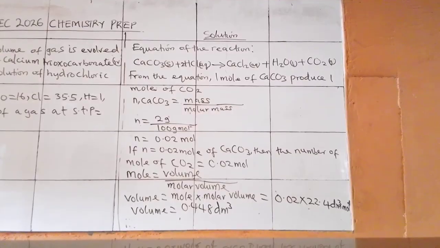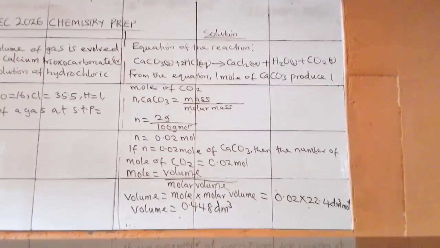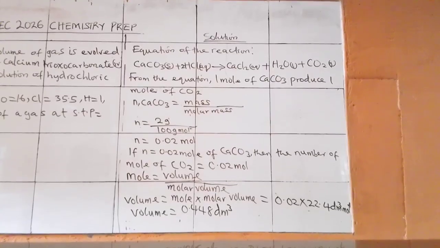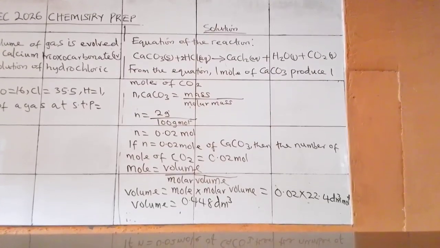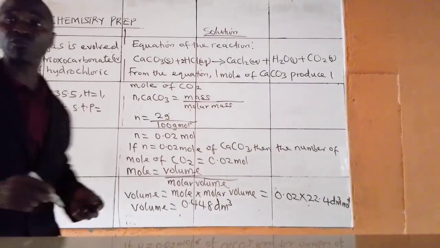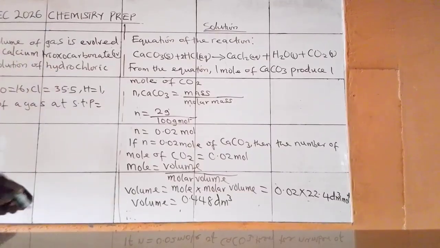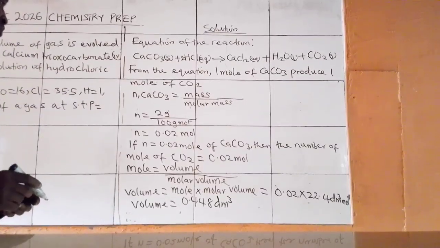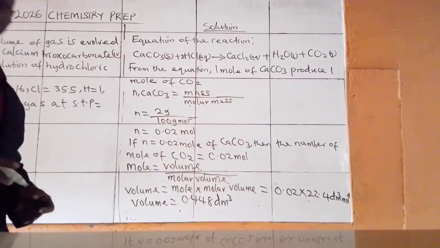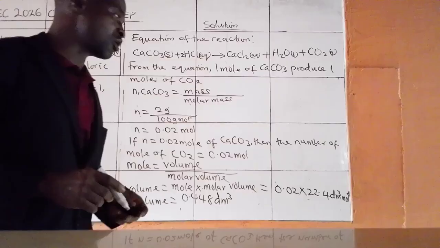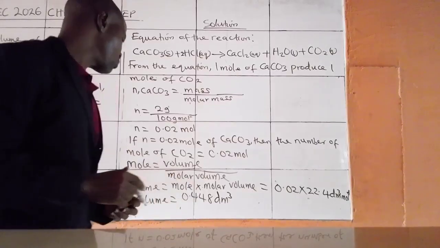So from the solution, we could see that our mole n is equal to 0.02. Then using the formula, mole equals volume over molar volume, we arrive at volume is equal to mole times molar volume, which is equal to 0.02 times 22.4 dm³ per mole.